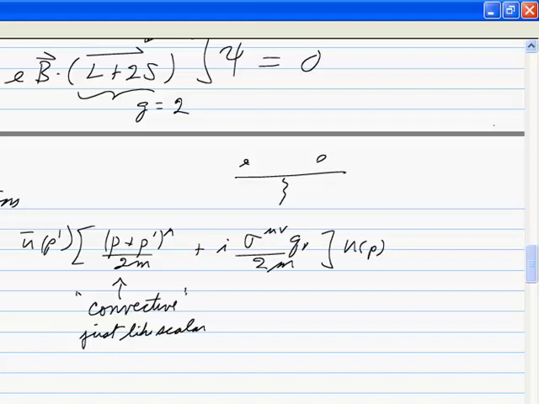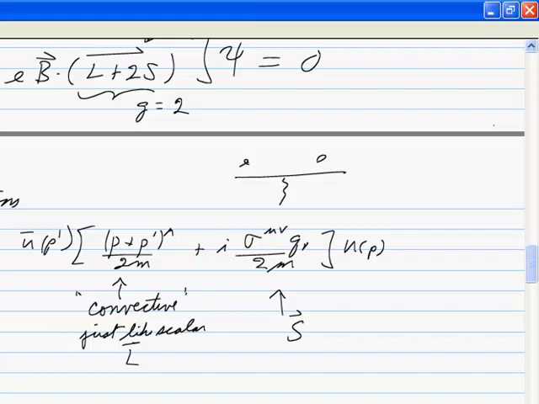This is the piece that gives you the L, because just a scalar would have an L dot B coupling. You get the L piece from there. The sigma mu nu piece, by the argument that I gave above, gives the S piece.